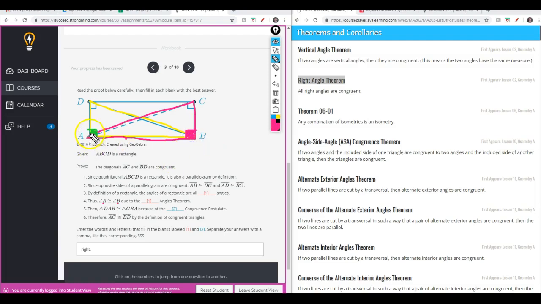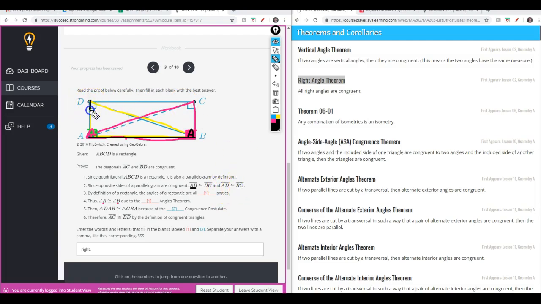So far they have a pair of angles, an angle and its corresponding angle. So now what did they give us beforehand? They gave us that segment AB is congruent to segment DC, which doesn't really help. So let's see if the other one did. Segment AD is congruent to segment BC.